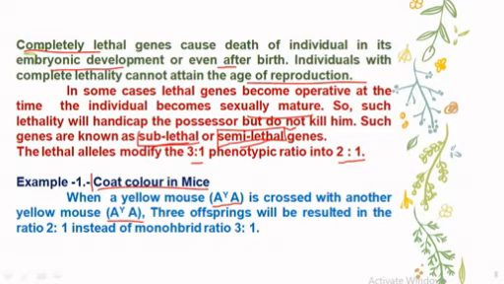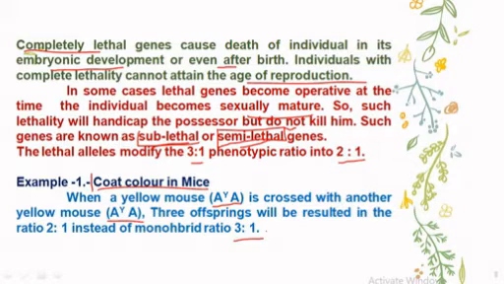They will produce 3 offspring instead of 4, formed in the ratio 2:1 instead of 3:1. So instead of 4 offspring, it will form only 3 offspring.